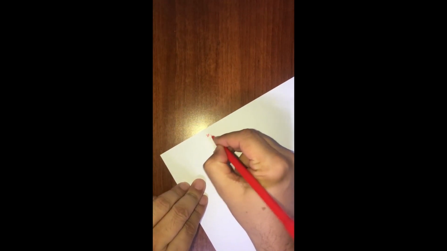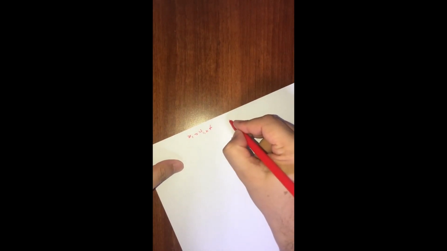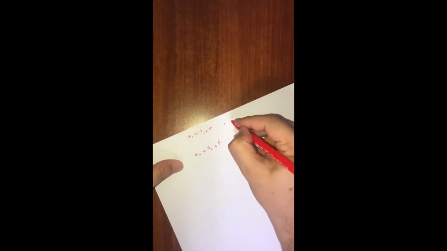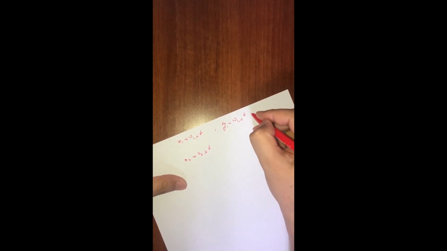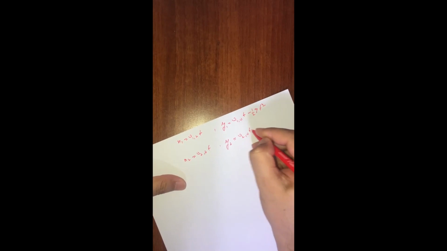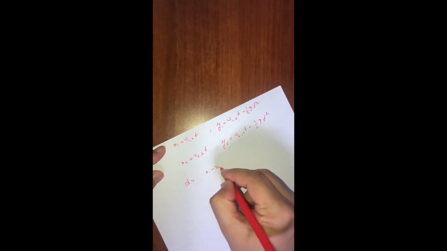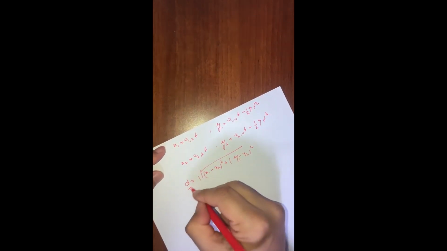In the horizontal direction, x1 is equal to V1H multiplied by t, and x2 is equal to V2H multiplied by t. y1 is equal to V1V t minus half g t square, and y2 is equal to V2V t minus half g t square. The distance between the two bodies, by the simple distance formula, is the square root of x1 minus x2 whole square plus y1 minus y2 whole square.